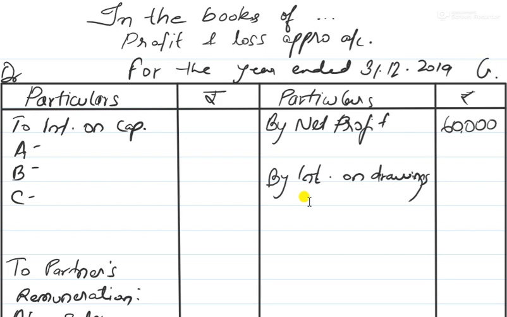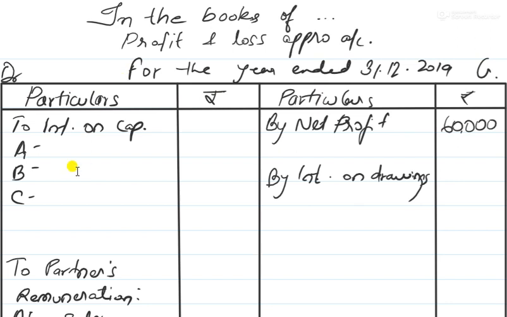I had already explained this part to you that interest on drawings is an expense for the partners but an income for the firm, and interest on capital is an expense for the firm, however it is an income for the partners. So we are making accounts for the firm and not the partners. So all the expenses of the firm will be recorded on the debit side, and all the incomes of the firm will be recorded on the credit side.